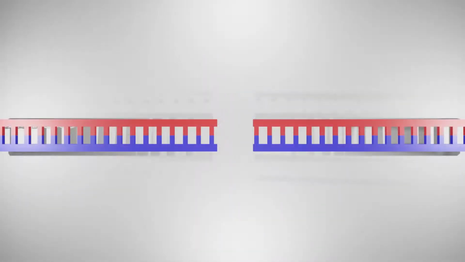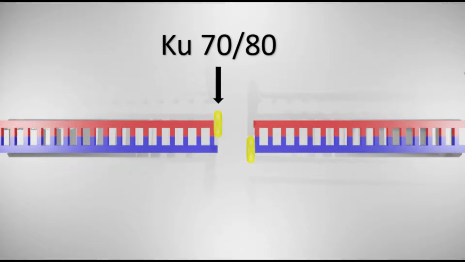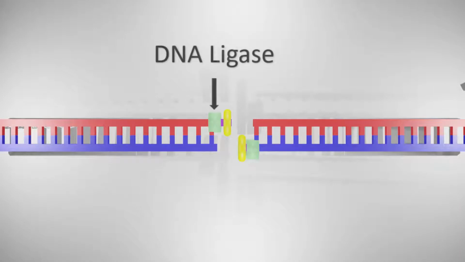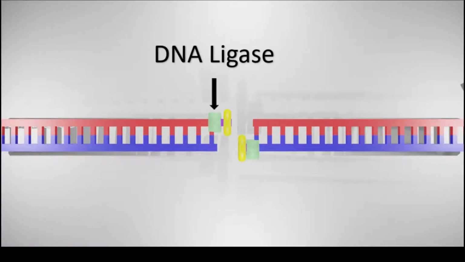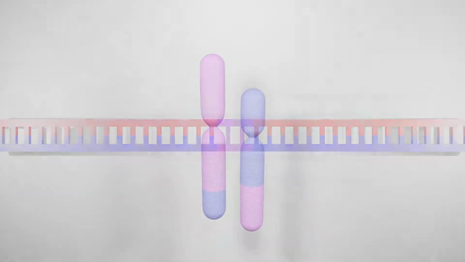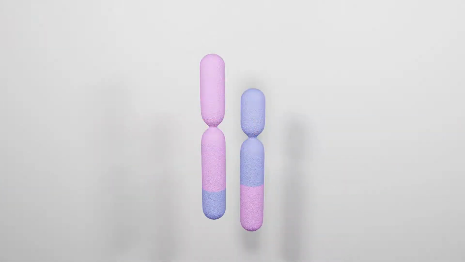Then if we look back at the DNA, the Ku70/80 protein arrives to start the non-homologous end joining. This then signals for the DNA ligase protein to arrive, as well as nucleotides required to rebuild the DNA strand. The DNA ligase then seals the nucleotides together and the DNA strand is fixed, however, with the incorrect chromosome section, leading to the two translocated chromosomes, as we can see here.